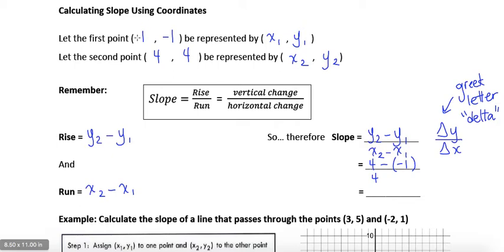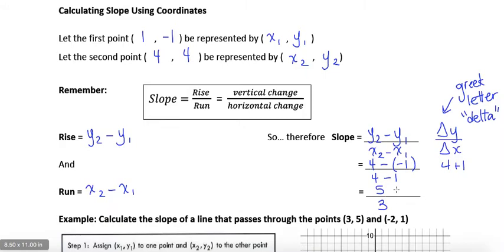And my x1 is +1. So 4 take away 1. So 4 take away negative 1 is the same as 4 plus 1, or 5. And 4 take away 1 is 3.